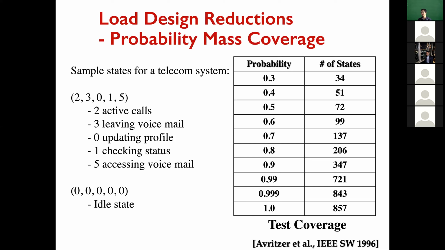For example, here, in total, there are 857 cases, but using only 206 cases, we can cover 80% of the cases. So if we want to reduce the load cases, we just run the 206 states, but still cover 80% of the cases. These are two ways we can reduce the load cases.